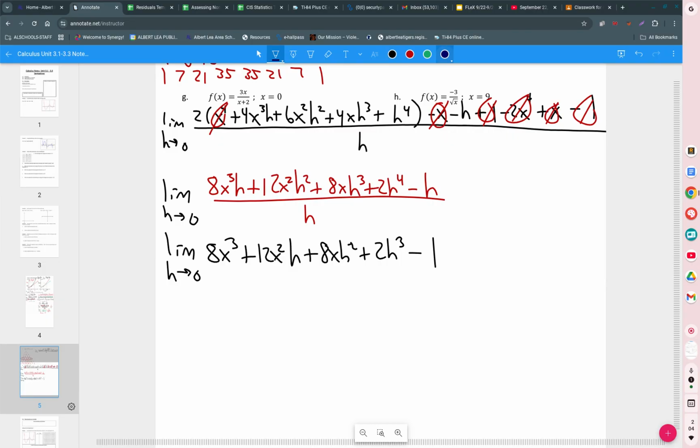Good. So we need to let h go to 0. And if h goes to 0, do you agree that that term is just going to disappear? And this, and this too. And so it turns out that the derivative f prime of x is equal to 8x cubed minus 1.